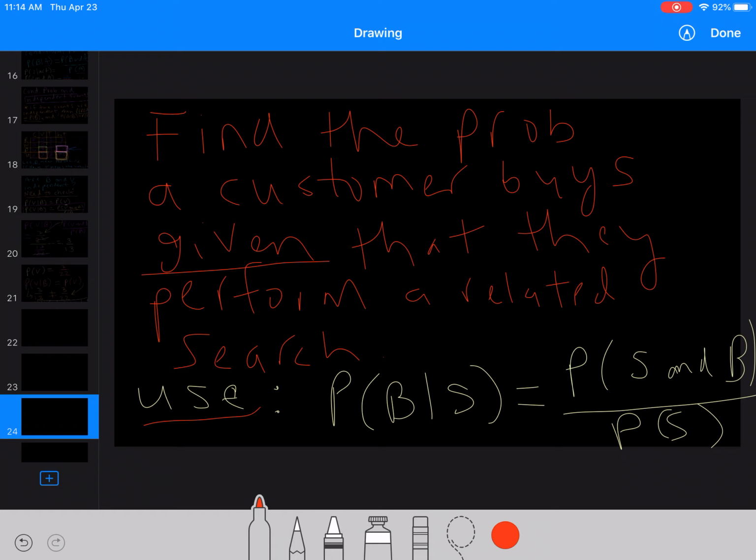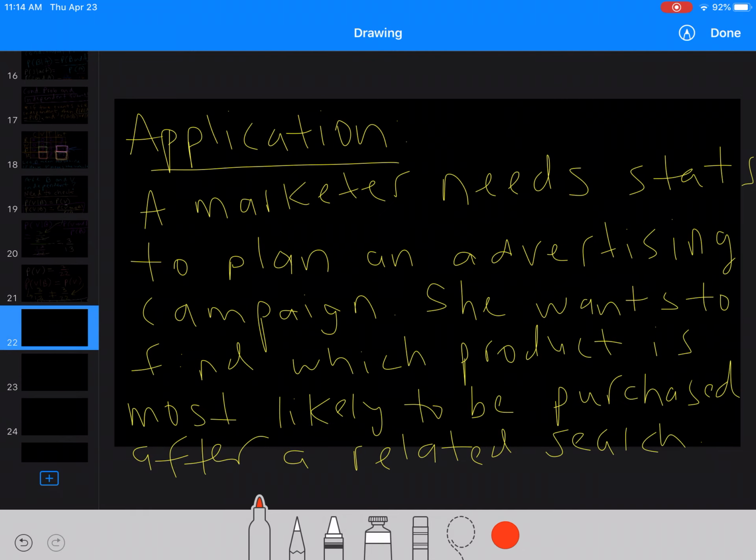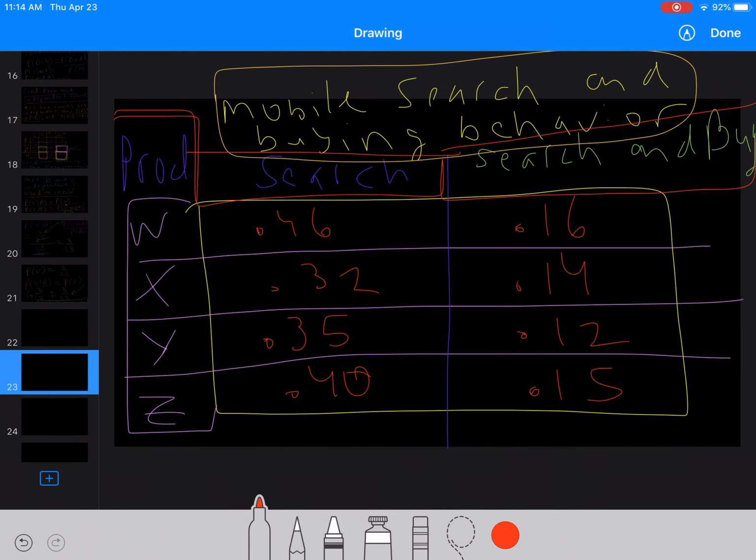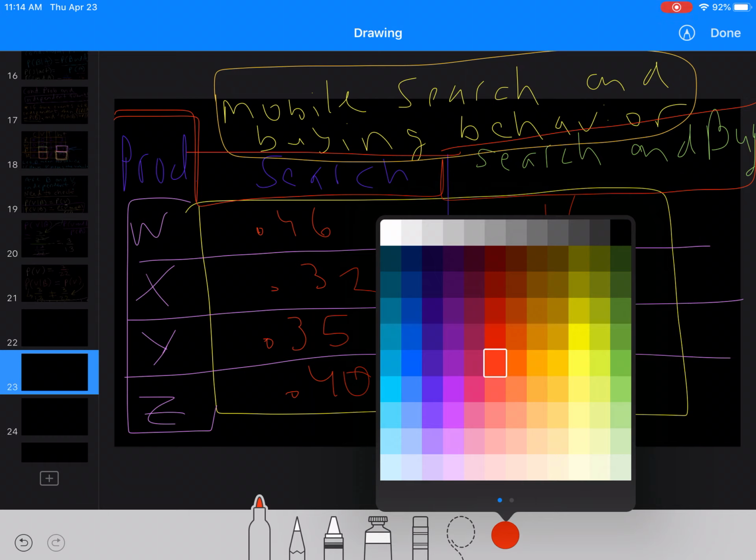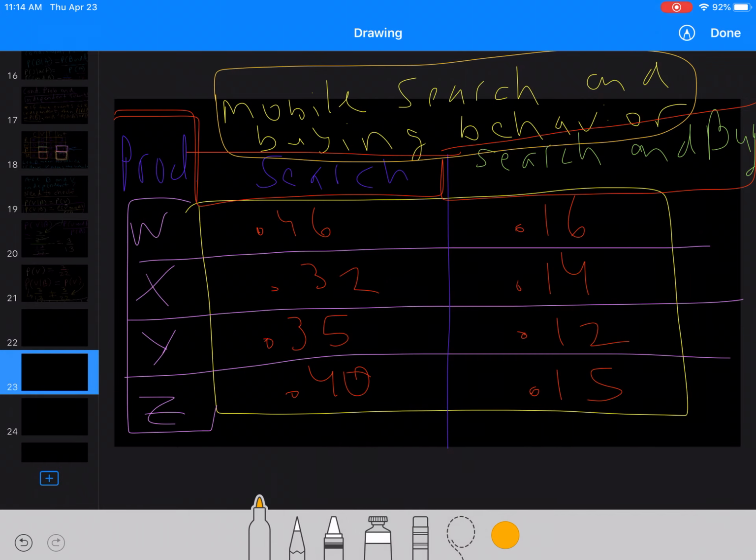So remember, on the top of our formula, the numerator is probability of S and B, search and buy, over just the probability of S, the probability of a search. So if we go back to our table, this problem's actually easy to do when it's written this way on the table.